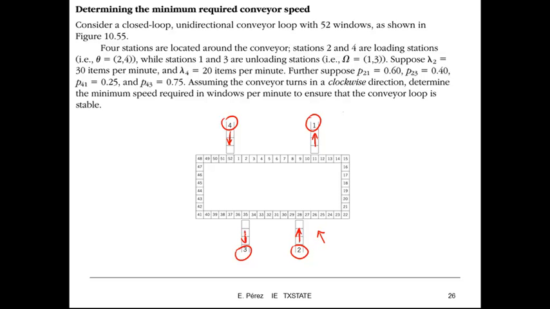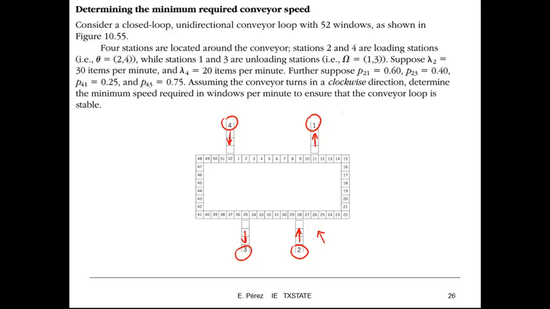Suppose that the lambda rate for station 2 equals 30 items per minute, and the lambda rate for station 4 equals 20 items per minute. Furthermore, suppose that the probability for 2-1 equals 0.6 and the probability for 2-3 equals 0.4.